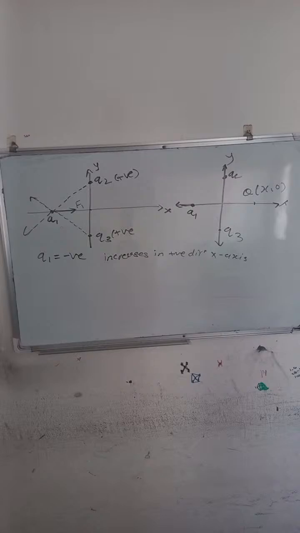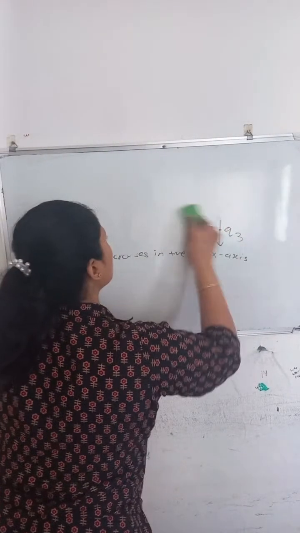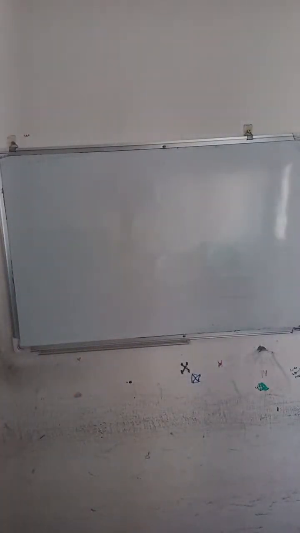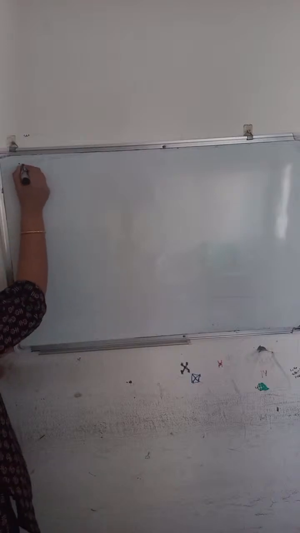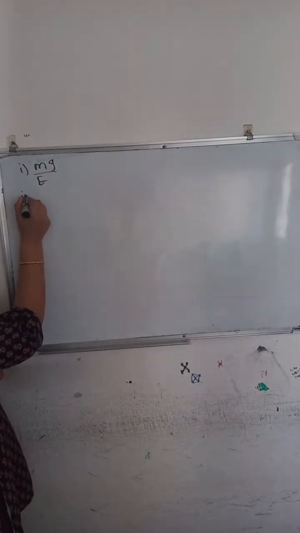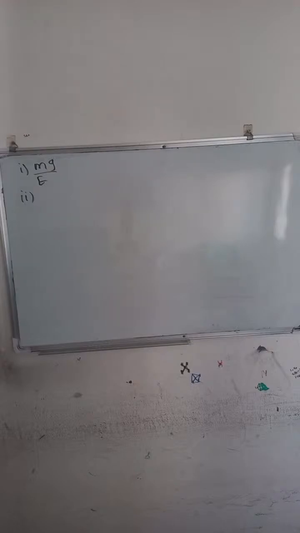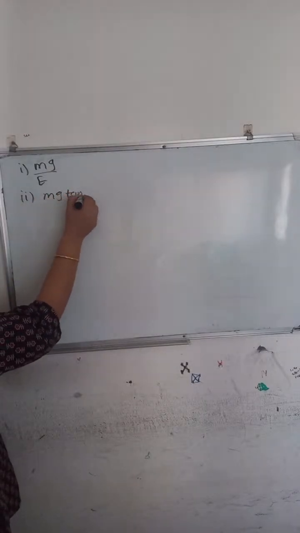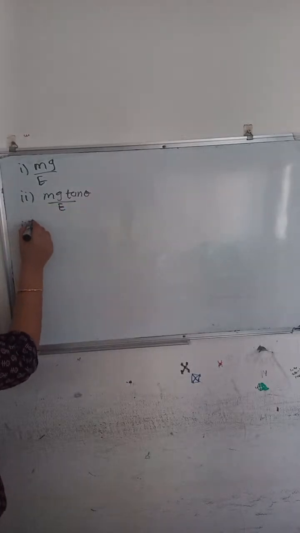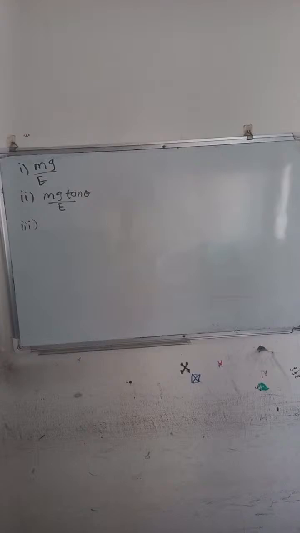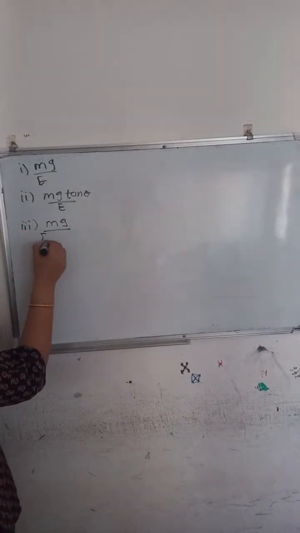So write down the options: first, positive with magnitude mg by capital E. Second, positive with magnitude mg tan theta by E. Then third option, negative with magnitude mg upon E tan theta.